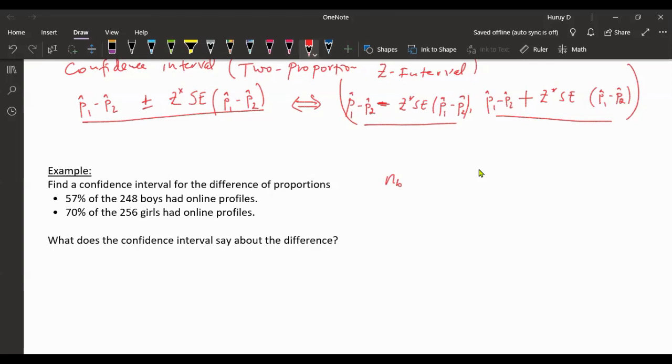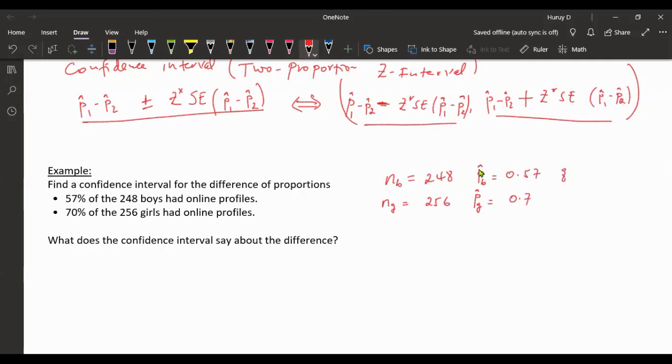Just try to differentiate this N from the other N. So NB equals 248, and PB, this has to be P hat, is 0.57, and number of girls is 256, and P hat girls is 0.7.